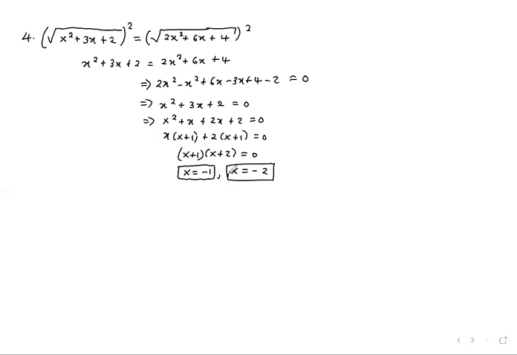Okay, no questions. So have we looked at the absolute value functions? No, sir. Not yet. Okay, so now we can start absolute value functions.